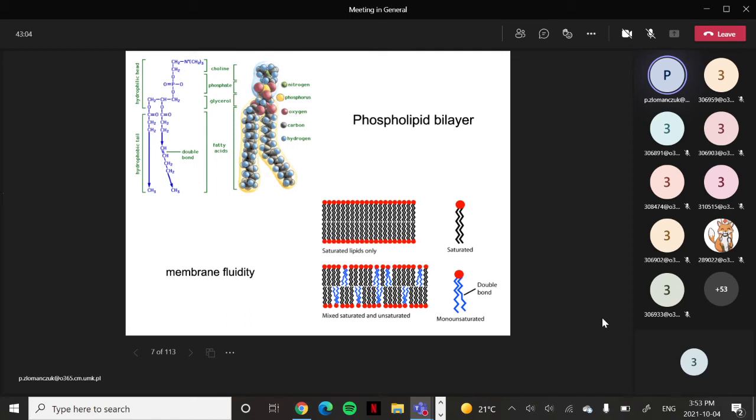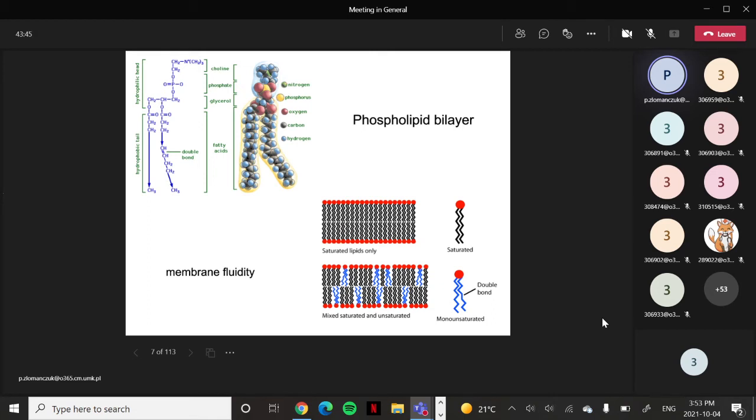You can see that one of the fatty acid tails is saturated and relatively straight in shape. The second one, the left one, is unsaturated. They call it here monounsaturated, meaning that only one bond is double, the rest is single, but it already introduces certain asymmetry in the molecular structure, and this is relatively stiff, so it doesn't easily bend, in other words.